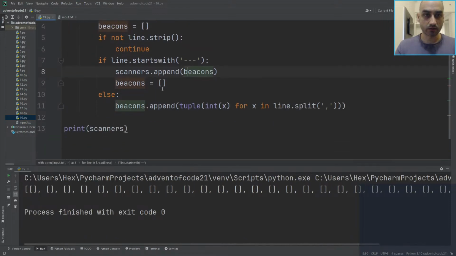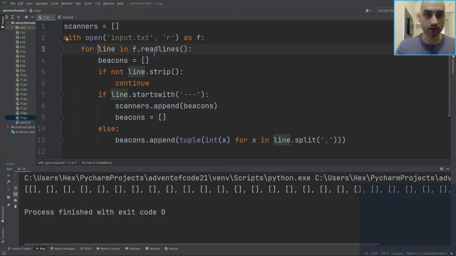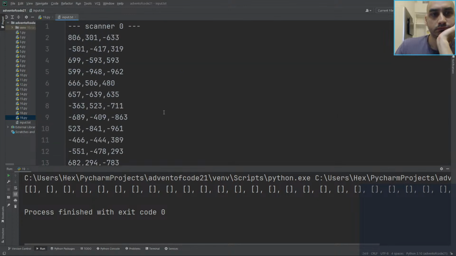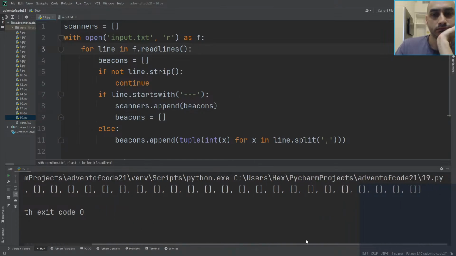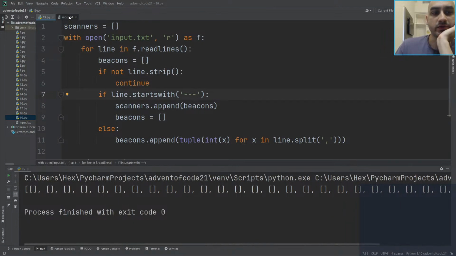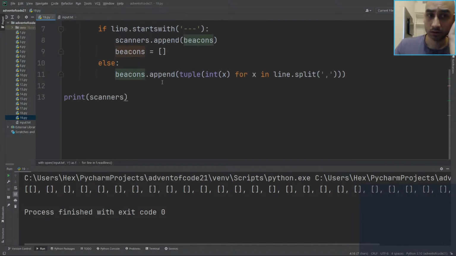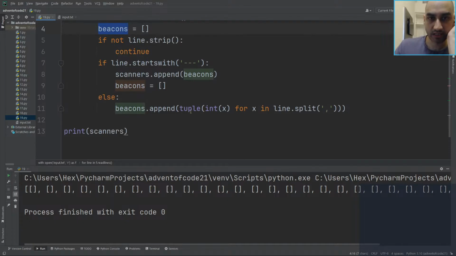It's all empty. What's going on? Line in f.read lines. So we've beacons.append tuple.